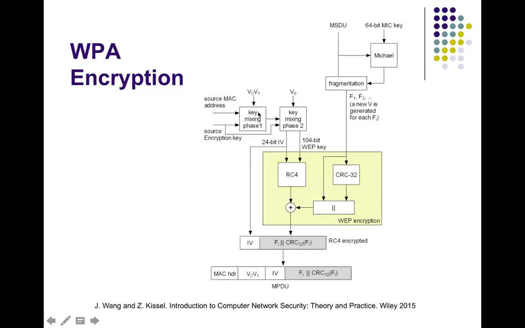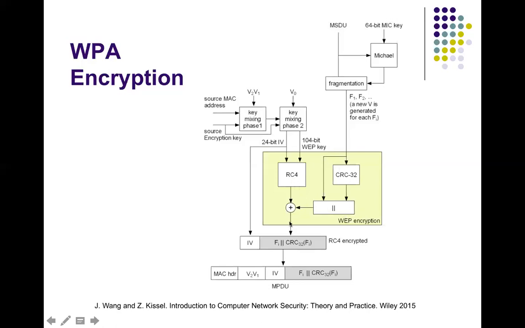So it goes into mixing phase 1. The input goes in here, the source encryption key goes in there, and then V0 goes in. You mix them up, and then it generates a 128-bit per-frame key. 24 bits of that are used as the initial vector, and the rest is the WEP key. So then you can use the existing WEP chip.